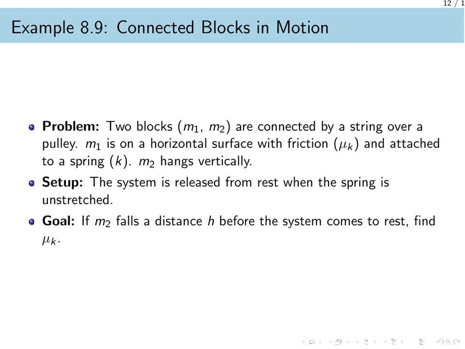The setup is that the system is released from rest at the exact moment the spring is unstretched. We are interested in the point where the hanging block, M2, falls a distance h, and the entire system momentarily comes to rest again. Our goal is to use this information to find the coefficient of kinetic friction, mu sub k, between block M1 and the surface.